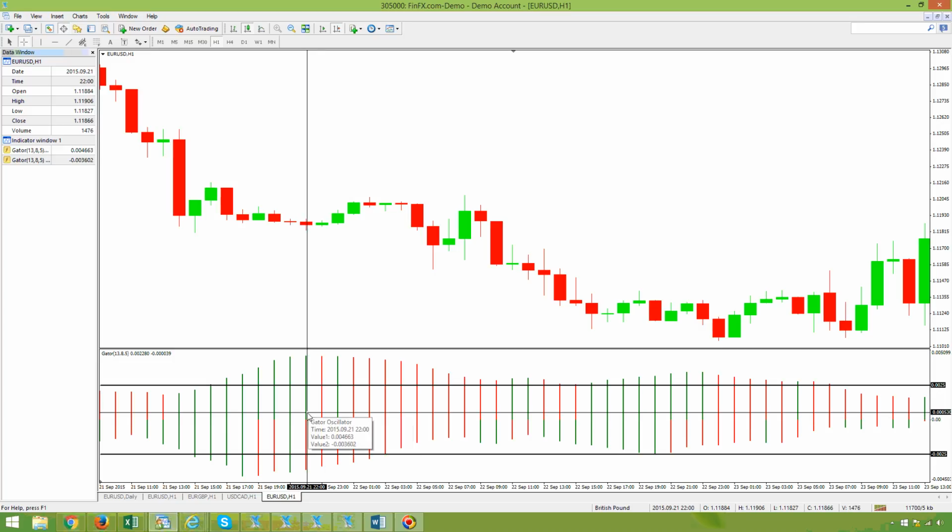If you click, for example, on this candle in here, this candle shows the middle of the range and gives you clues regarding where the market may head next. Look at the Gator Oscillator on the data window on the left side of the screen. The positive value is 0.0046 and the negative is minus 0.0036.